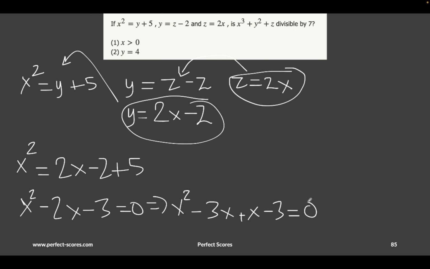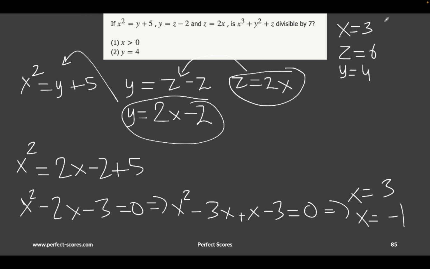So from here I can easily figure out the roots, that x is either equal to 3 or x is equal to -1. Well, I have these two values of x. So if x is 3, that means z is 6, that means y is 4, or x is -1, then z is -2, and y is -4.